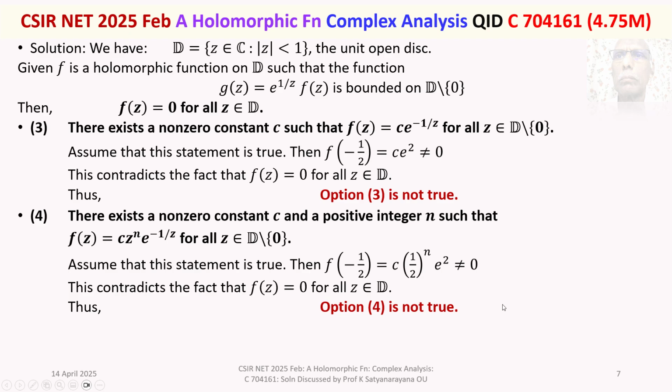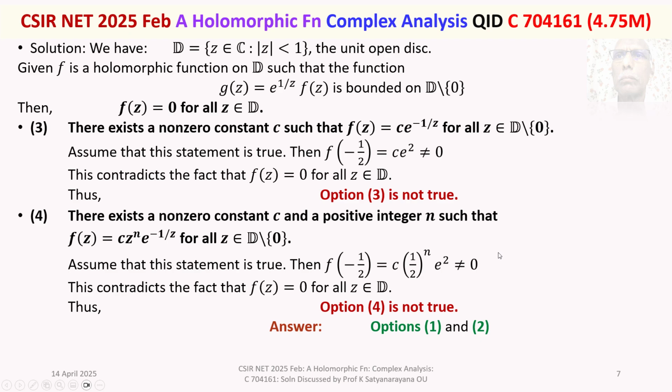Right. Now, combining all the options, the answer to this question is options 1 and 2. That is the detailed discussion of the solution of the problem from the section complex analysis, which is related to the properties of holomorphic functions.